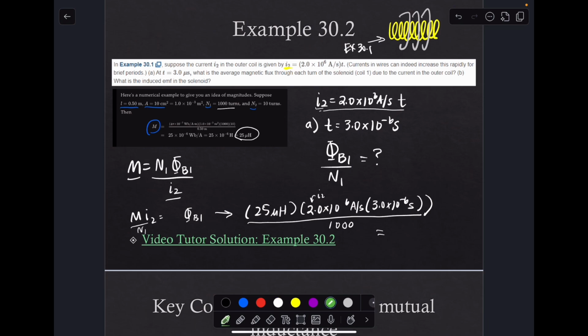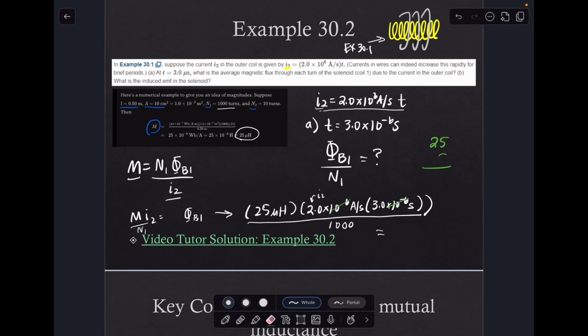So we can get rid of this. We have 2 times 3, which is 6. 6 times 25... mental math is not working out. Let me write it down.